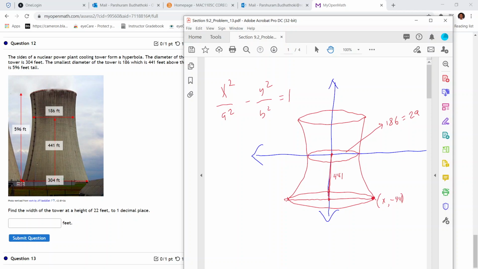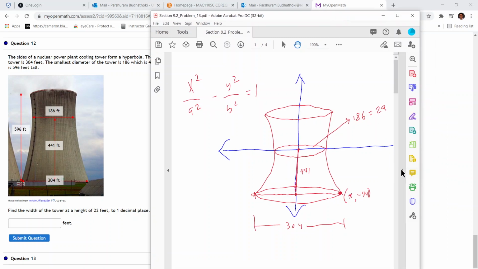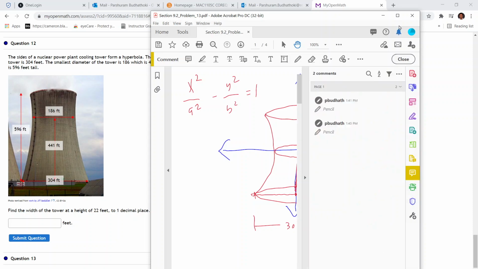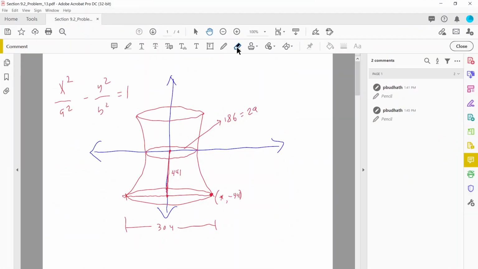That means from this point to this point is 304. So half of it gives you the x coordinate here, which is 304 divided by 2 is 152. So the x coordinate here would be 152.